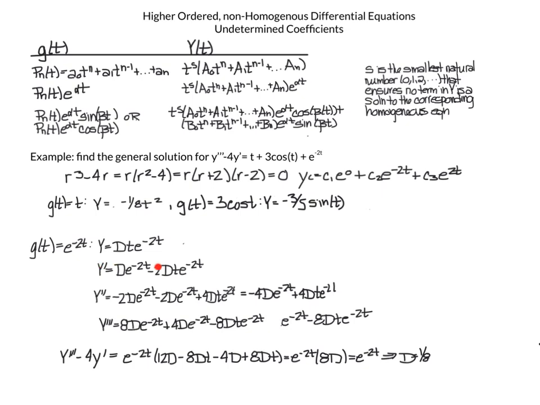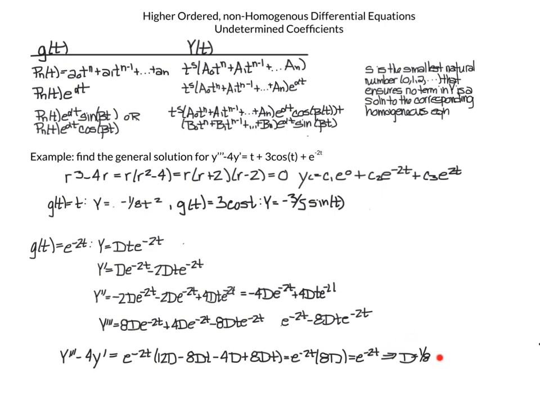And now we can take the first, second, and third derivative, and plug into our differential equation. I factored out the e to the minus 2t since it is in all of our terms. Then I have my y triple prime, so it's my 12d minus 8dt. And then I have my minus 4y prime, so I have my minus 4d and my minus 8dt.